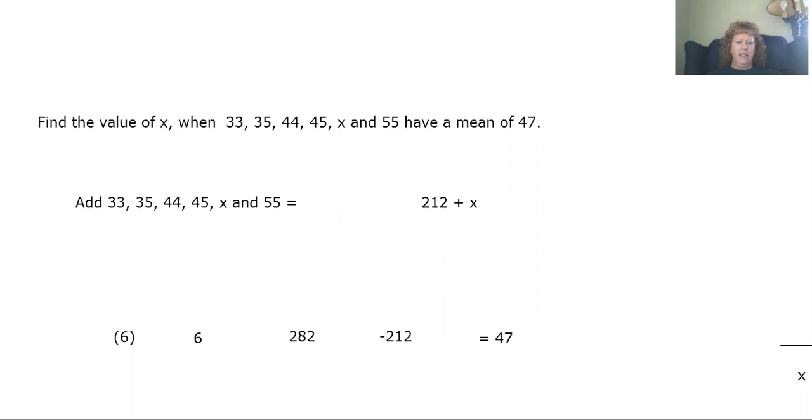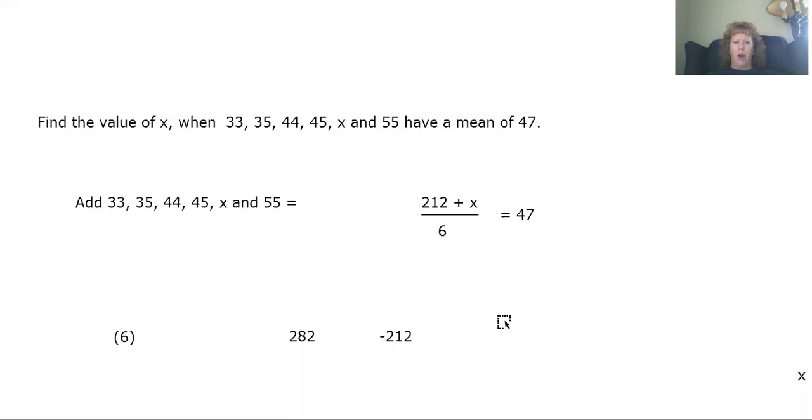And now use these things at the bottom of the page to complete your problem. 212 plus x divided by the amount of numbers you added, 1, 2, 3, 4, 5, 6, would be the total number that we would add in order to get the mean of 47.